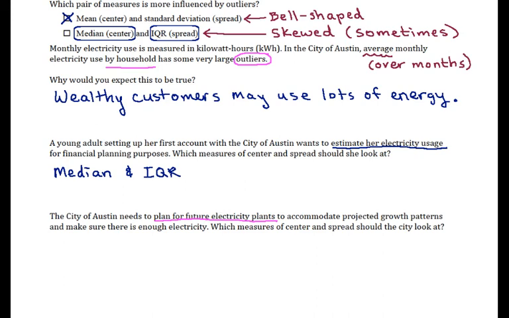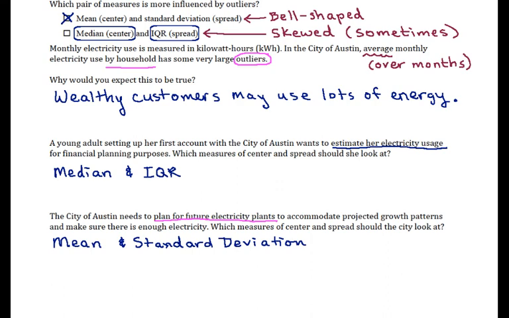And so the City of Austin would be more likely to use the mean and standard deviation and say, okay, if I know the mean and standard deviation of this distribution, and I assume that the city is going to keep growing following fairly similar patterns, then I can use those measures to predict with some degree of certainty how much energy I'm going to need to be able to power the city.